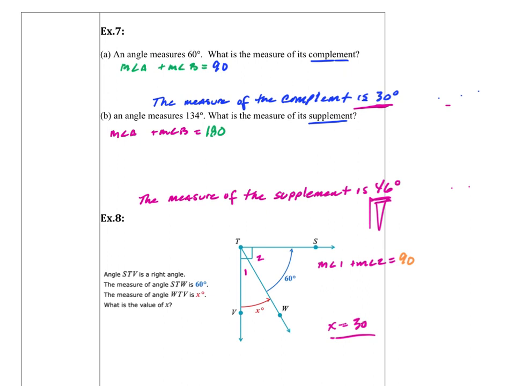Remember, you're setting up an equation. So you should see equations like measure of angle A plus 60 equals 90. Measure of angle A plus 134 equals 180. Measure of angle 1 plus 60 equals 90.